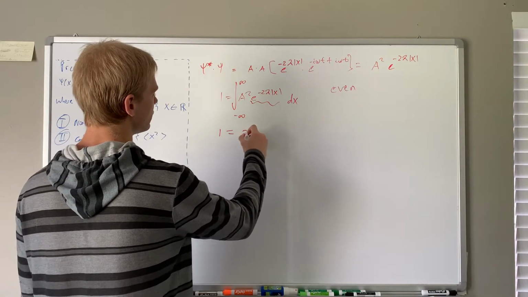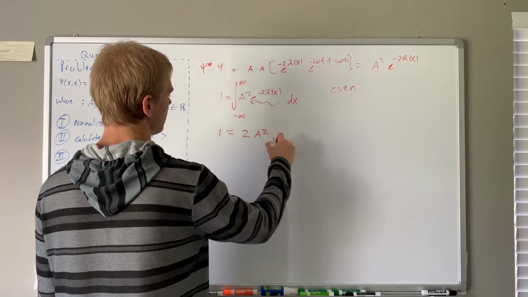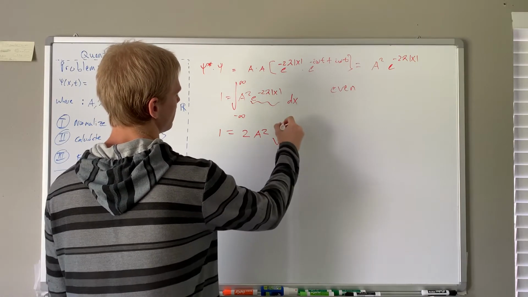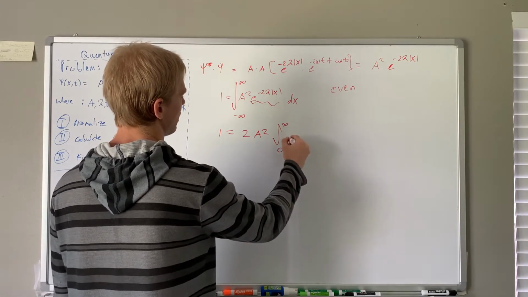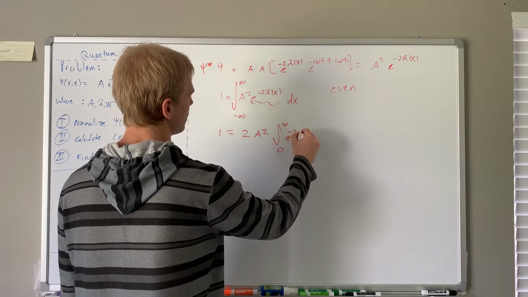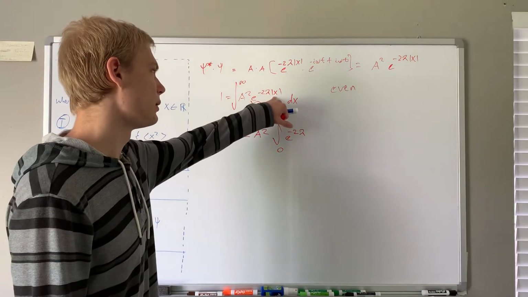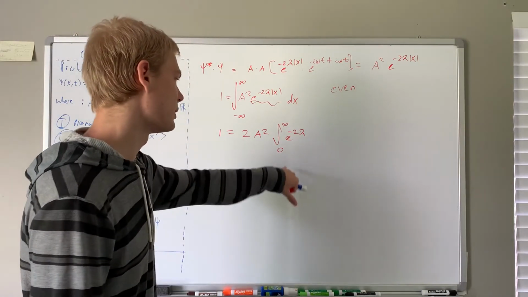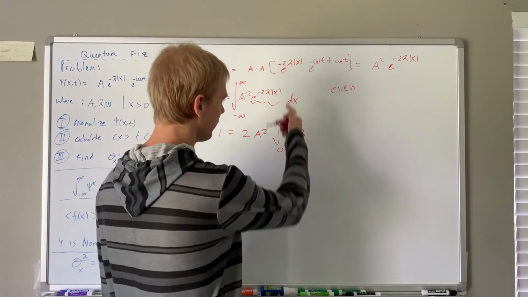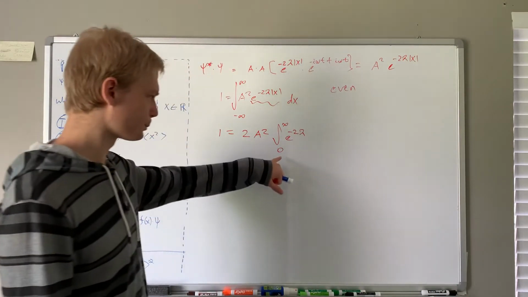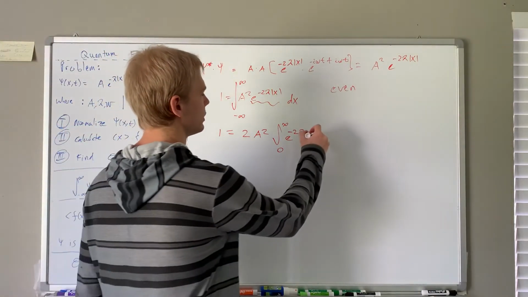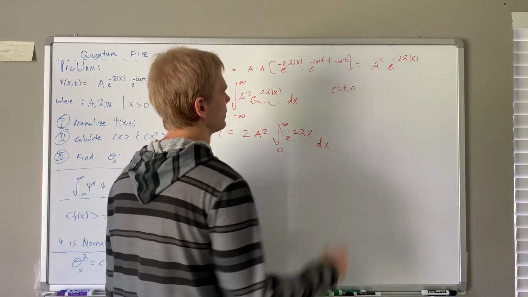So 1 is equal to 2 times A squared integral from 0 to infinity of e to the negative 2 lambda x dx. So when you did that, you don't have to worry about this absolute value sign anymore, because it's always going to take positive values for x, because that's where we changed our limits of integration.